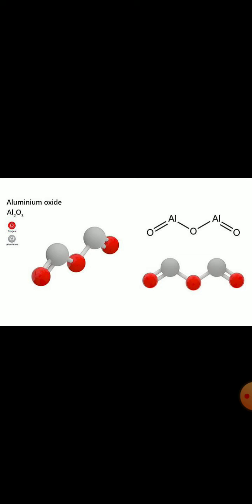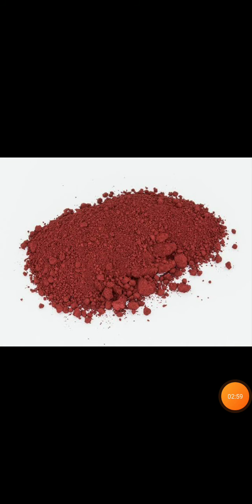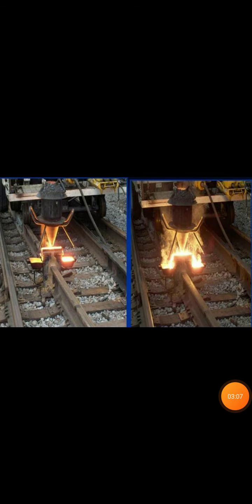Now the reaction of iron oxide, Fe2O3, with aluminium is used to join railway tracks. So this is how it is used. Also, it is used to join cracked machine parts. If the railway tracks are destroyed, then they can be joined by this reaction of iron oxide with aluminium, and this reaction is known as thermit reaction.